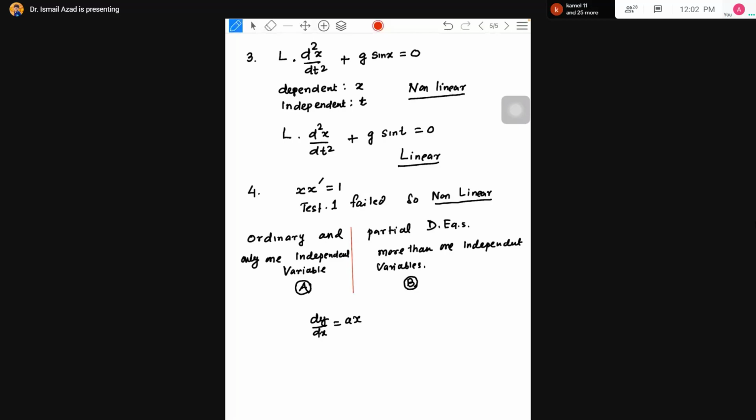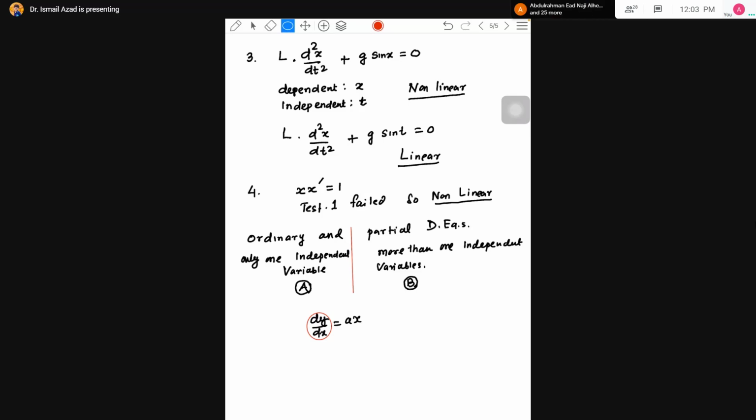No. I told you to identify dependent and independent variables; you have to see only the differentiation, the differential coefficient dy by dx, d2y by dx2.